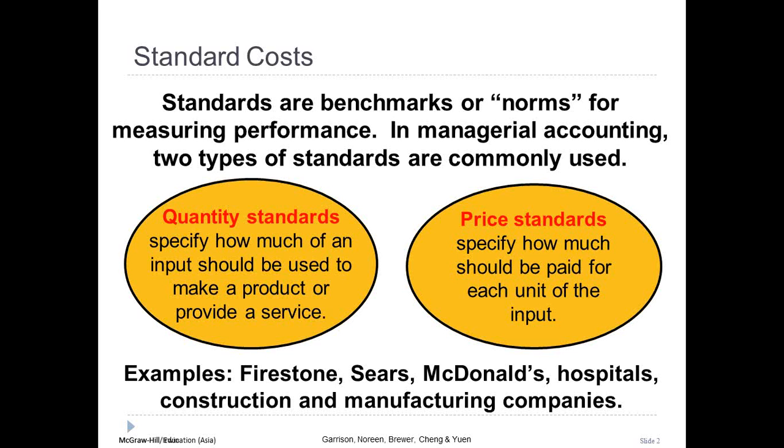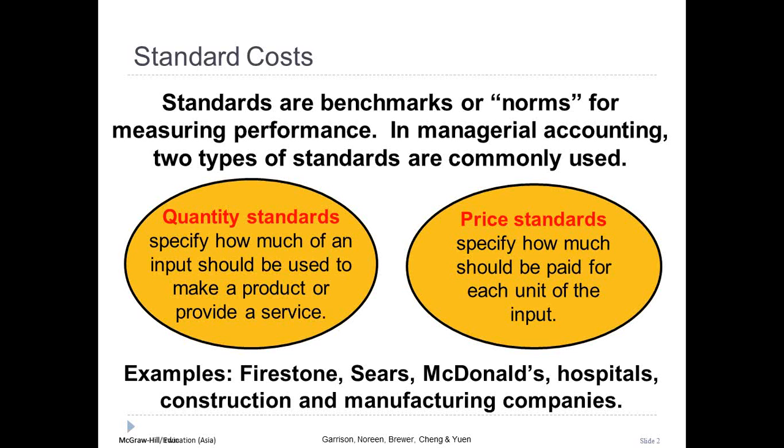A standard is a benchmark or norm for measuring performance. In managerial accounting, there are two types of standards that are commonly used by manufacturing, service, food, and not-for-profit organizations.